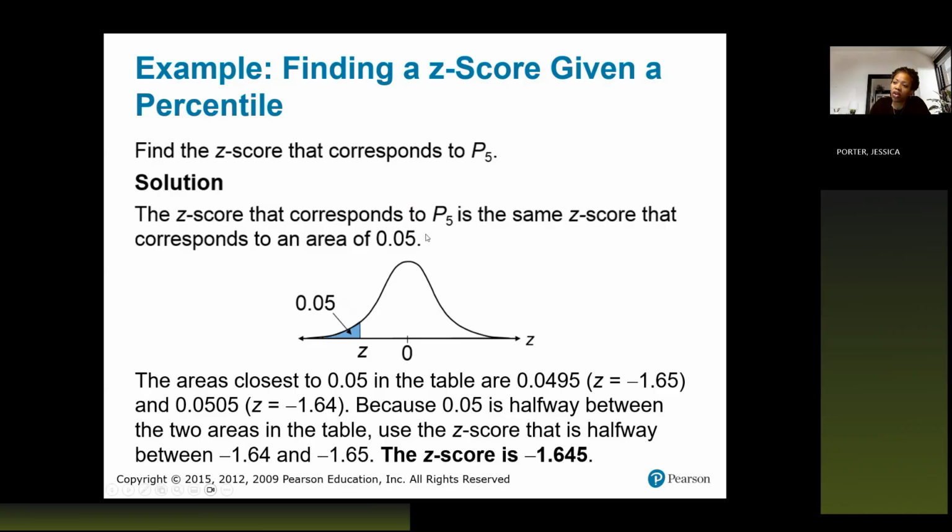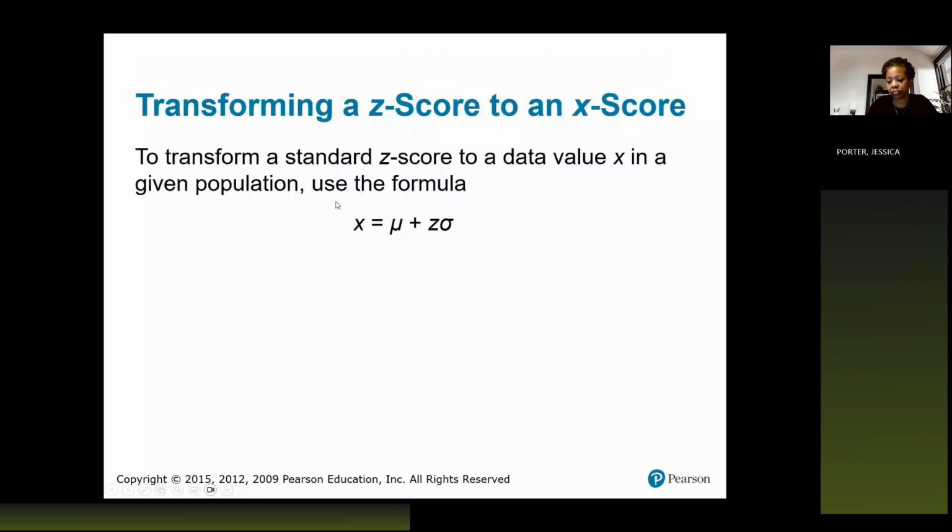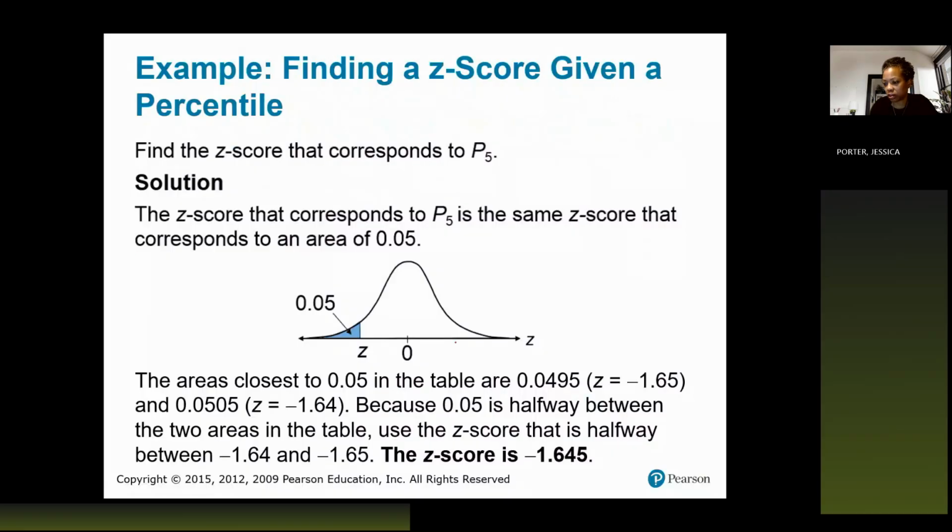Now, find the z-score that corresponds to P5. P5 means the percentile, the 5th percentile. And so in percentage, this is going to be 5%. Of course, in decimal, that is 0.05.